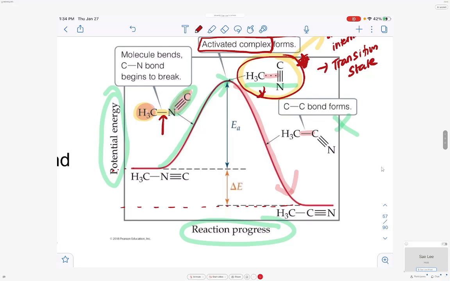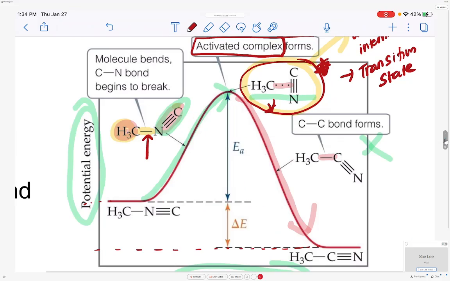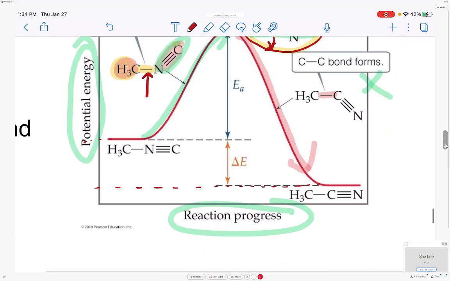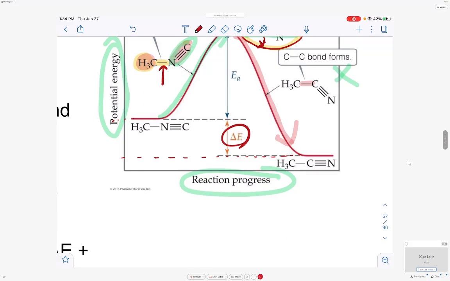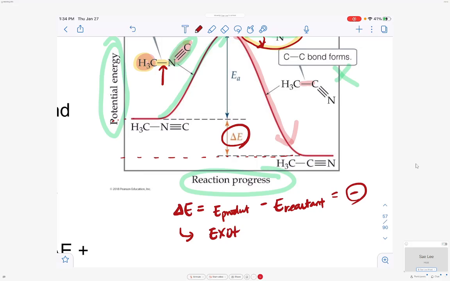So because the product is at a lower energy state than the reactant, the energy change for this reaction, which is delta energy, is going to be a negative value, and therefore this reaction is considered exothermic.